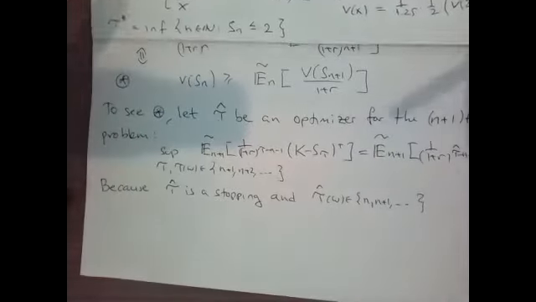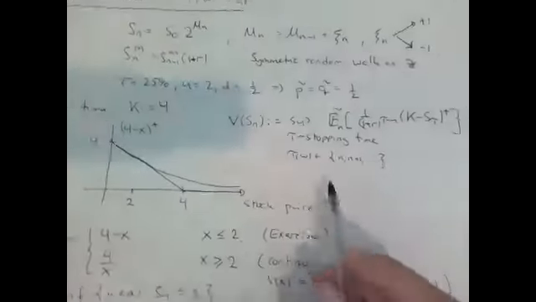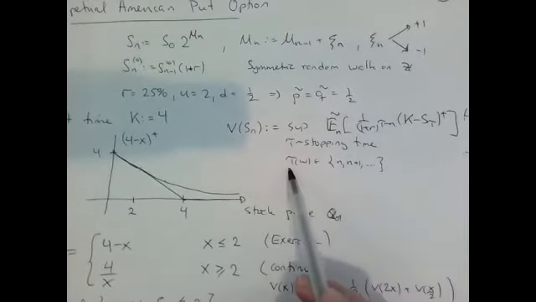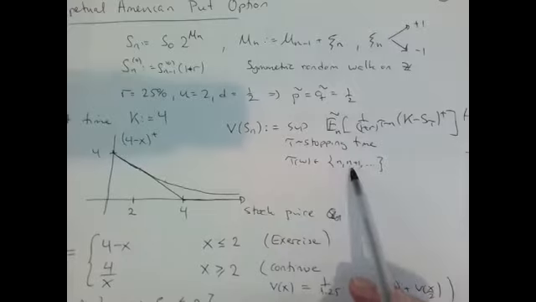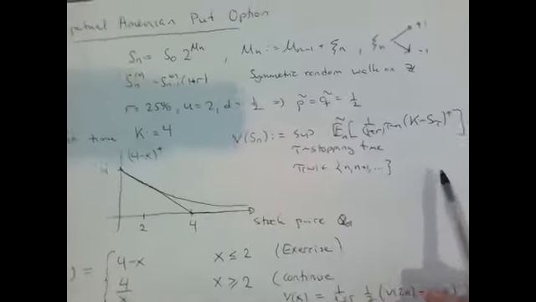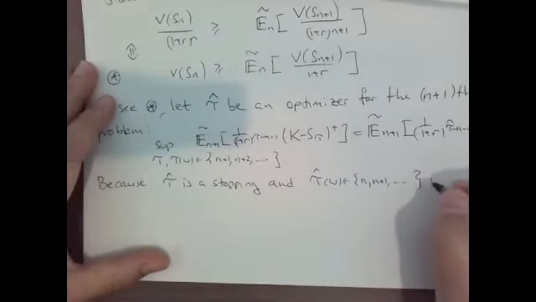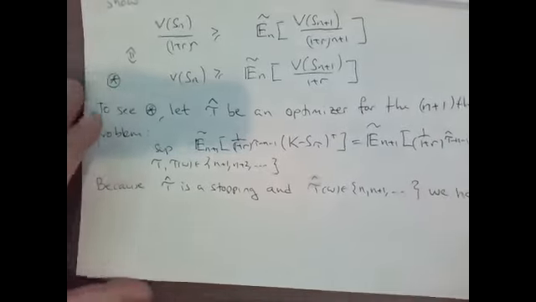That means that I can plug it in to this optimization problem. It has to be a stopping time, and it has to take values in n plus 1, n plus 2, and so on. So because tau hat is one of those, we have an inequality.